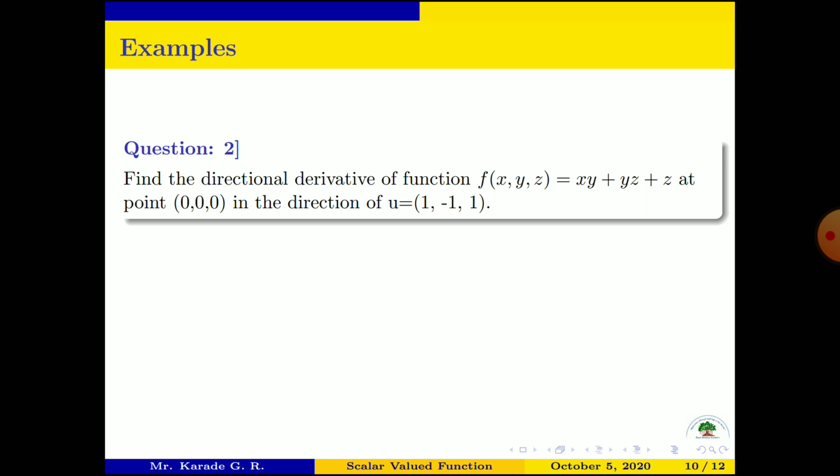Now the function is a function of three variables x, y, z, and that function is defined like this: xy plus yz plus z at point 0, 0, 0 in the direction of vector u equal to 1, -1, 1. The way we solved the previous problem, we have to solve this problem also by using the formula of directional derivative.